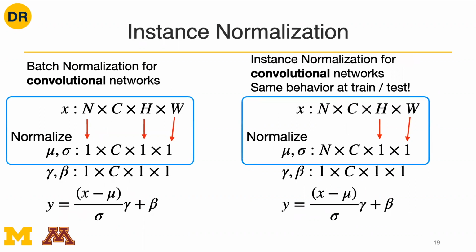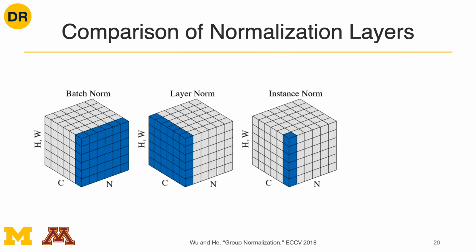There is also another normalization that you'll probably hear about when looking at how normalization has been done over time, which is instance normalization. I would say it's easier to look at it with these plots. Batch normalization happens on the dimension of N, right?